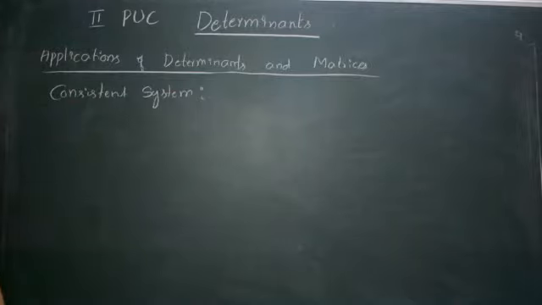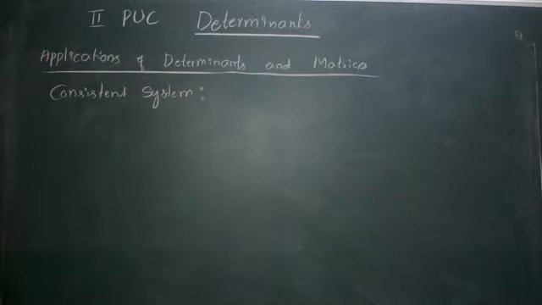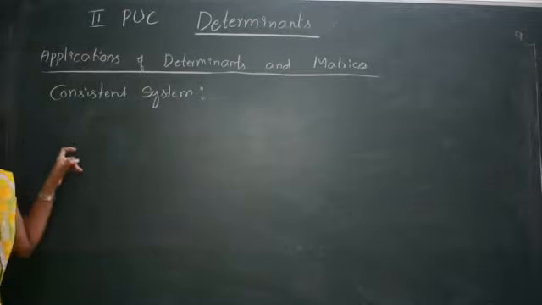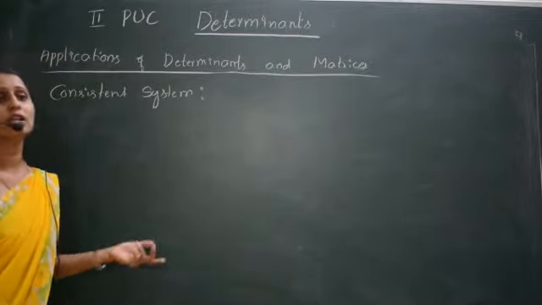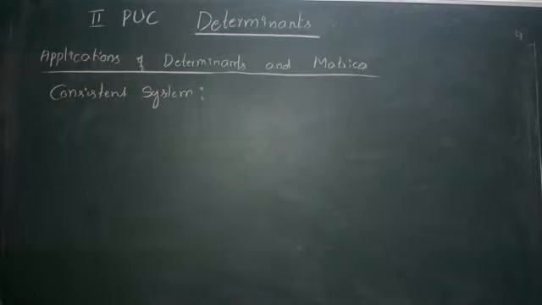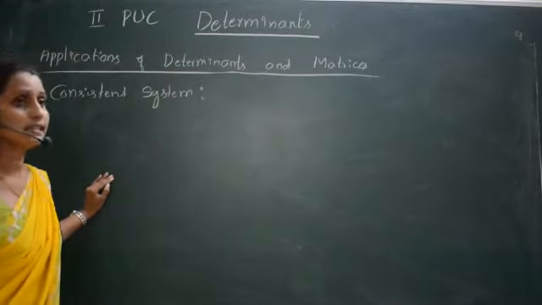A system of linear equations is said to be consistent if its solution exists, or if it has a solution. The solution may be one or more than one solution. So that system is called the consistent system.